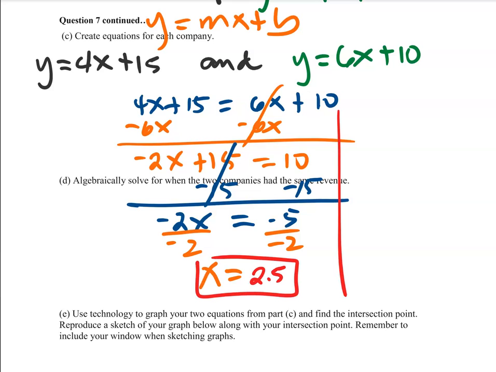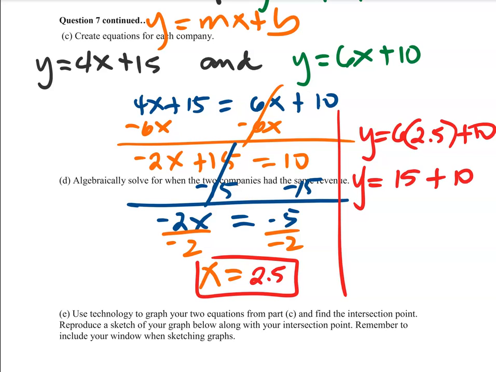And then solve for y. Don't forget to solve for y. You can use either of the two. So let's say this one, since I'm on this side. So y equals 6 times 2.5 plus 10. 6 times 2.5 is 15 plus 10.